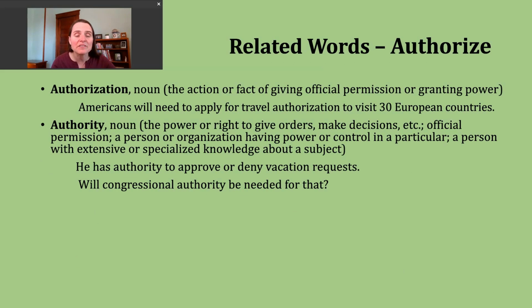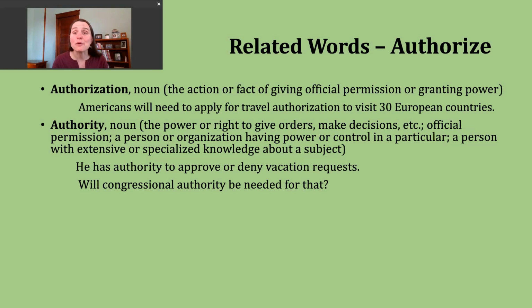So, an example of this might be he has authority to approve or deny vacation requests. This must be referring to some type of manager or supervisor, right? Who has this power to decide if a vacation gets approved or if it doesn't.